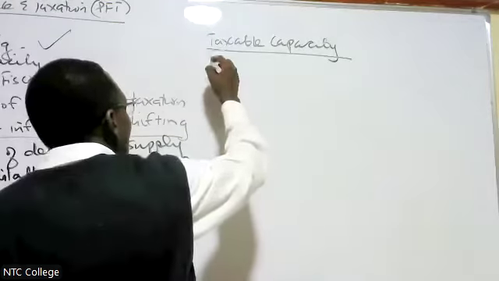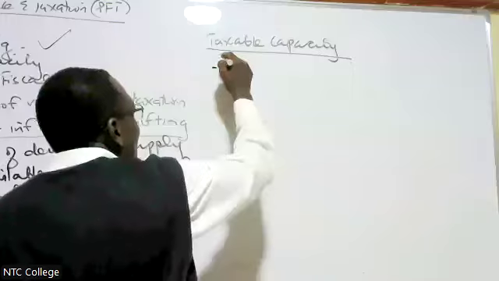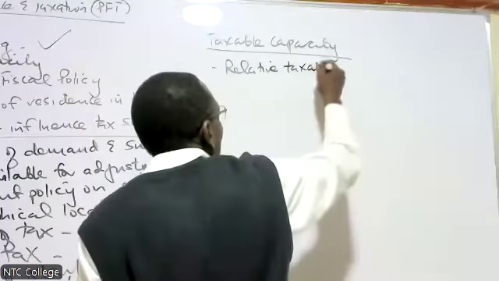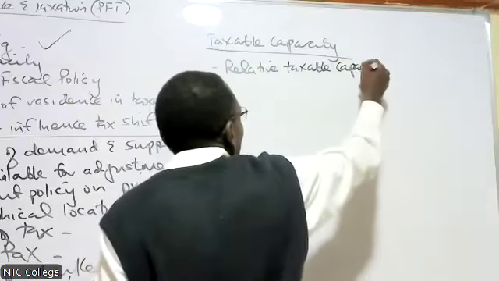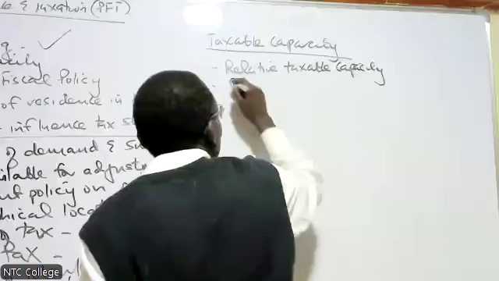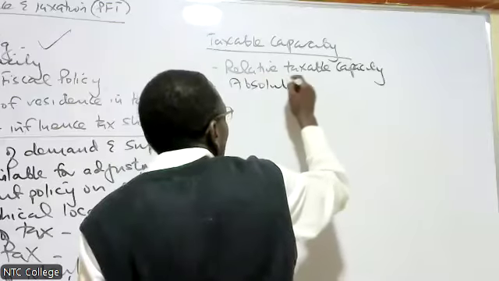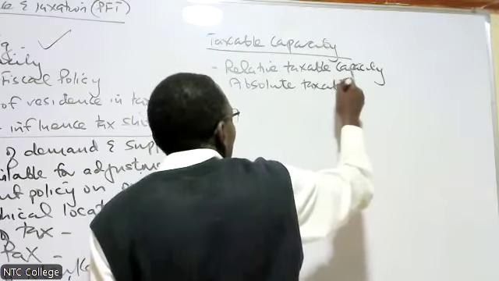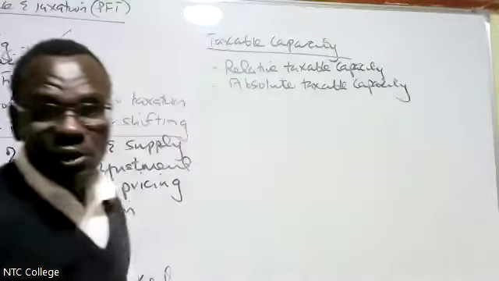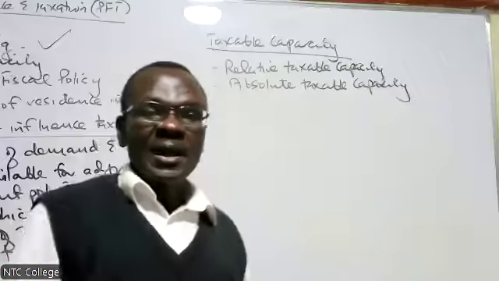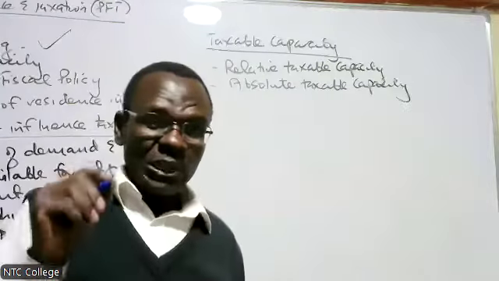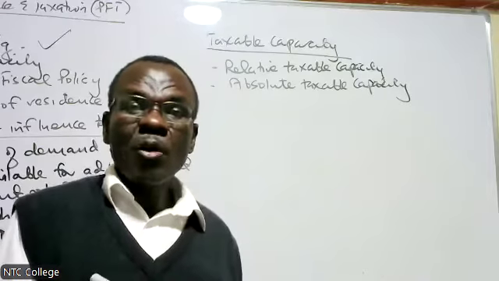So there are two concepts of taxable capacity. There is a concept called relative taxable capacity, and there's another concept called absolute. So absolute taxable capacity means if you want to tax somebody to the last coin, absolutely, it means you have to do some homework.